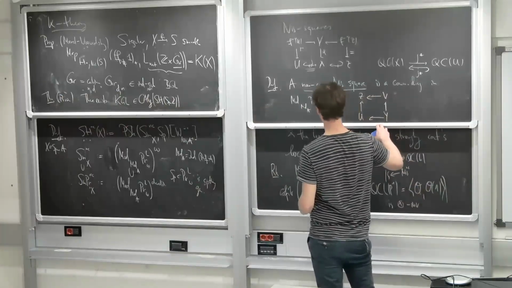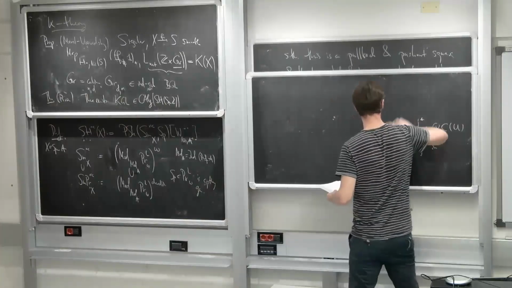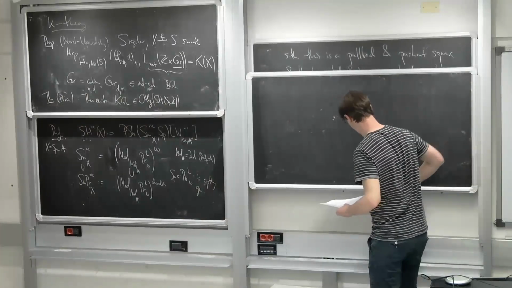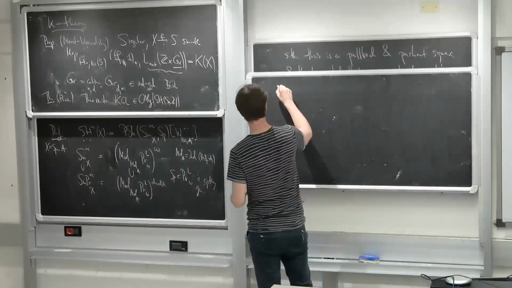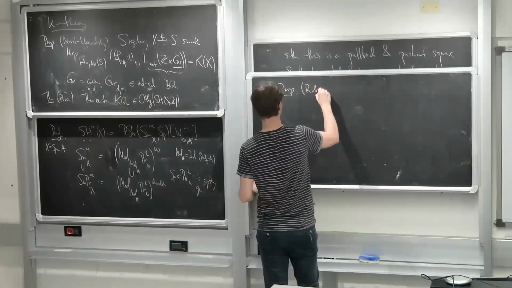Anyhow, now we can say there is a functor from the commutative SH to the non-commutative SH. Again, all this is over a base.